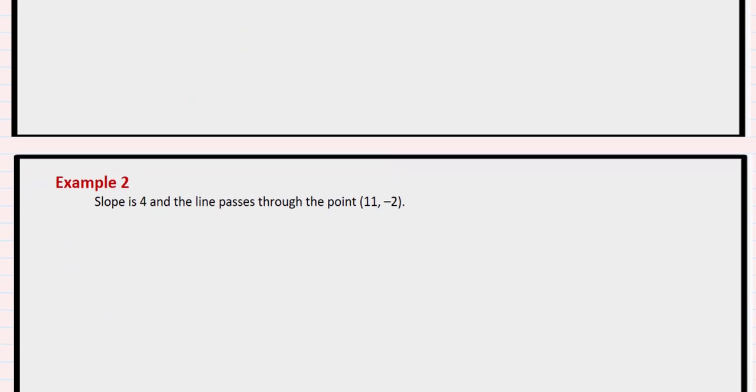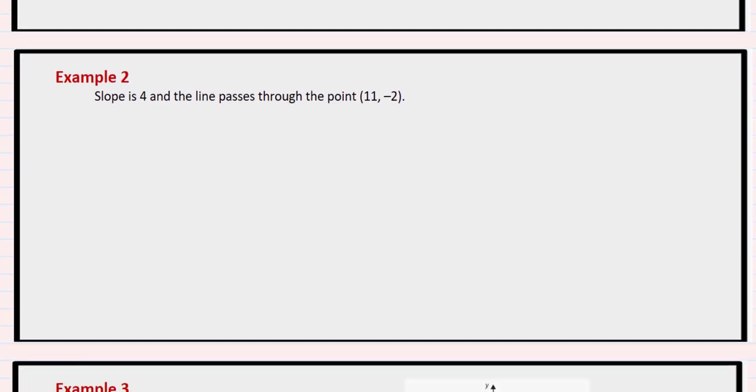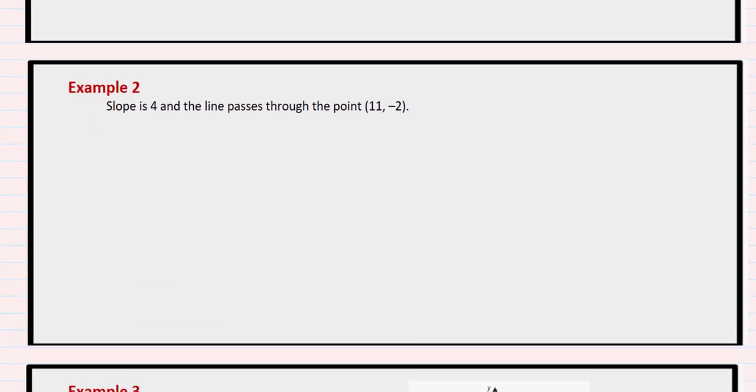Let's do example 2. Example 2, slope is given to us 4, and the line passes through 11 and negative 2. Again, let's find out the slope is 4 and the value of the point is 11 and negative 2. So this is the x value, this is the y value. So how do you find the equation?